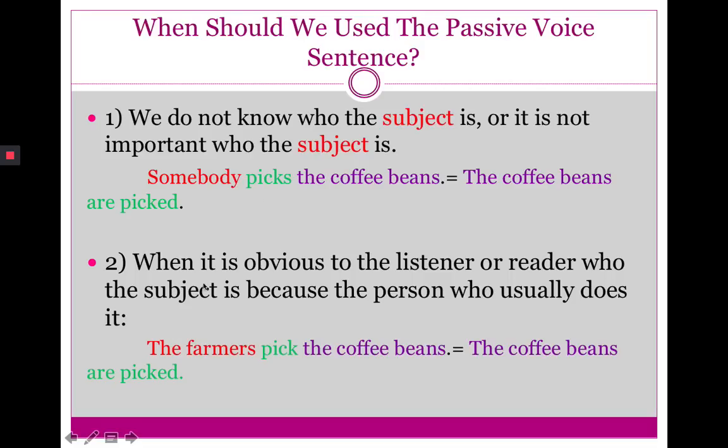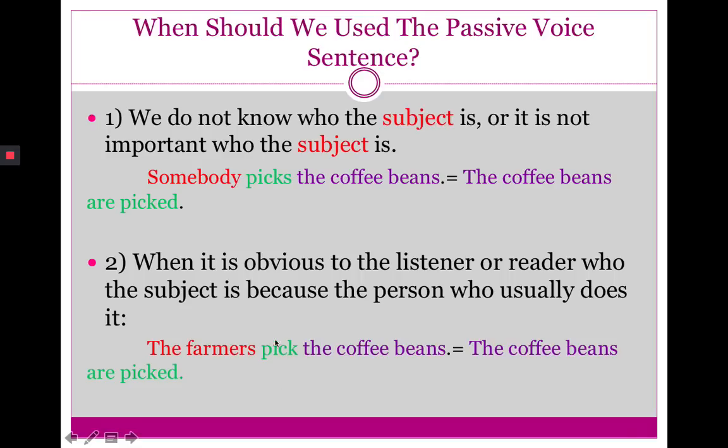Number two, when it is obvious to the listener or reader who the subject is, because of the person who usually does it. So reason number two is when everyone knows who actually does the action, it's not necessary for you to mention.